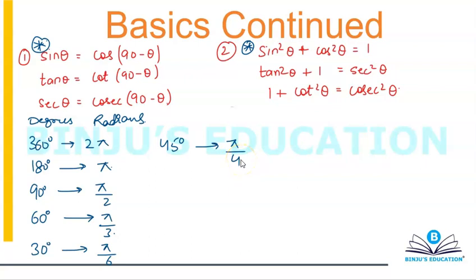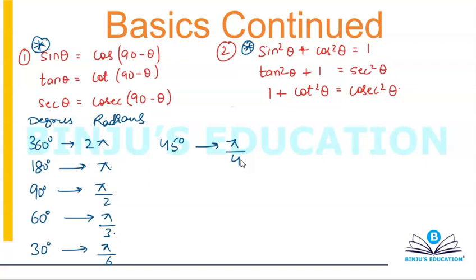You can calculate the others also, like 120 is 2 pi by 3 and all those things you can calculate, but these are the general ones that we use. And more often than not, in case of SAT, I don't think you will get anything beyond 90 degrees. So pi by 2 is something that you will see often. Apart from that, you will not see anything else.